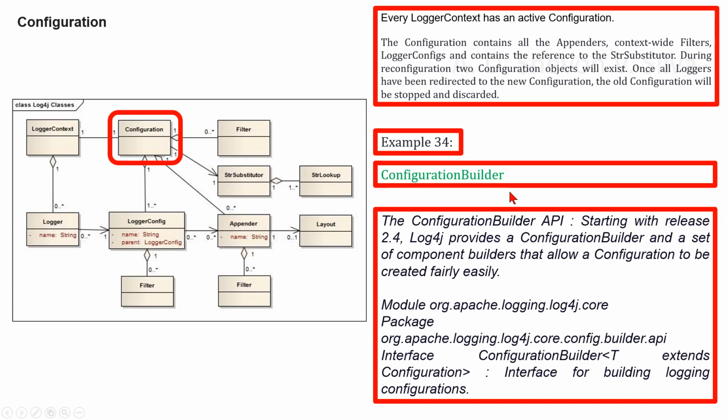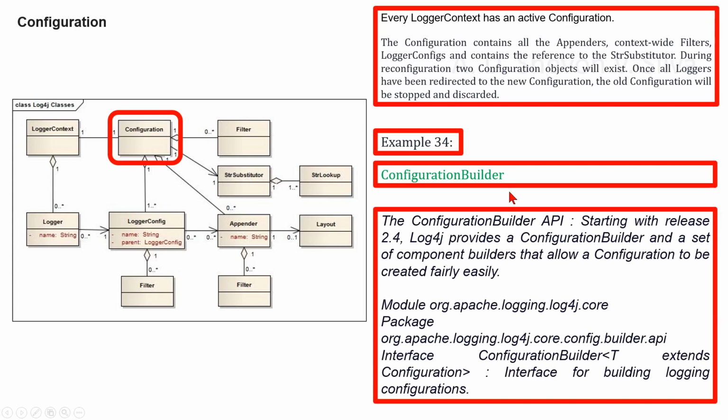configurations. The actual configuration objects like LoggerConfig or Appender can be unwieldy. They require a lot of knowledge about Log4j internals, which makes them difficult to work with if all you want is to create a configuration.